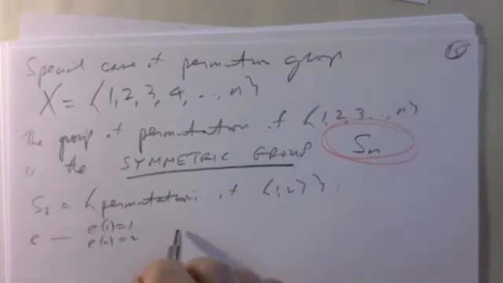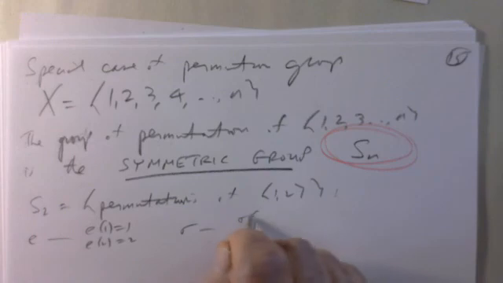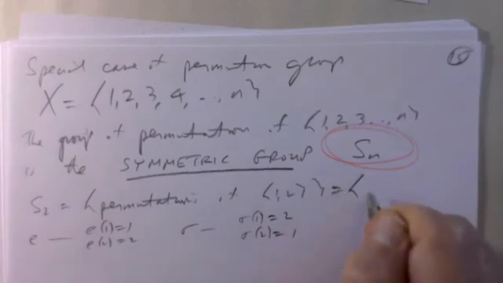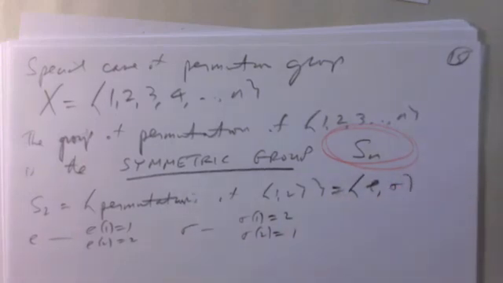And then we have the function, I'll call it sigma. I like Greek letters for permutations, defined by sigma of 1 is 2, and sigma of 2 is equal to 1. So S2 just consists of these two permutations, the identity and the one that interchanges 1 and 2.